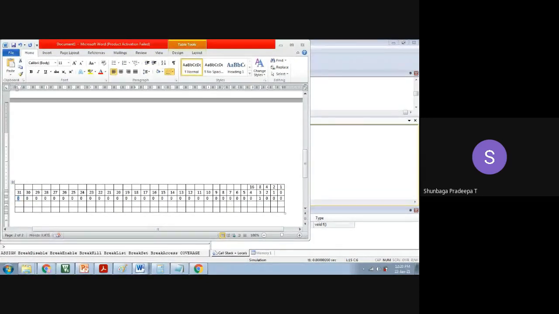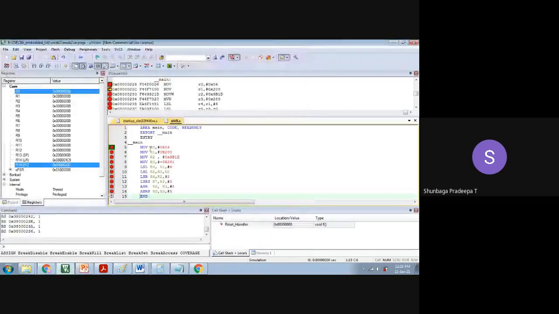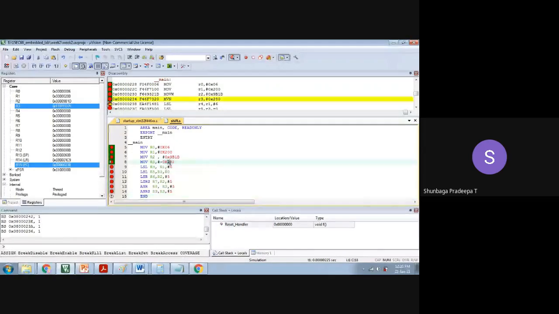R0 is loaded with 6, R1 is loaded with hex 200, R2 is loaded with hex 9B1, and R3 is loaded with minus hex 281, which means you have to take the 2's complement of this number.